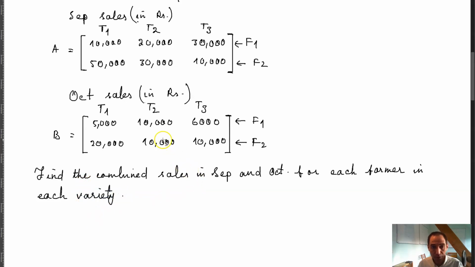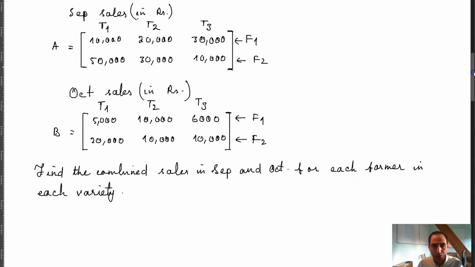So how do you do that? So you can simply add the 2 matrices together, and that gives you, for example, type 1 plus type 1, type 2 plus type 2, type 3 plus type 3, and that gives you, for example, for farmer 1 and farmer 2, for each farmer in each variety.